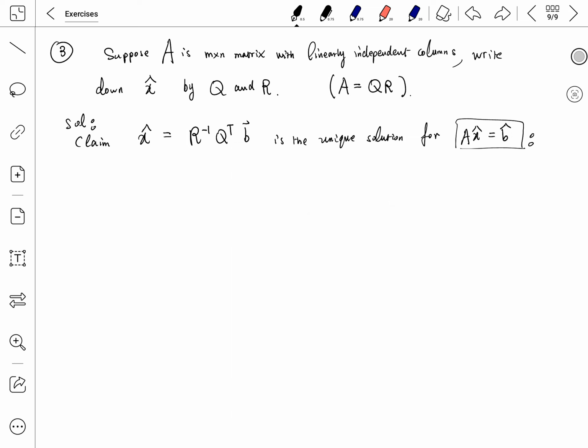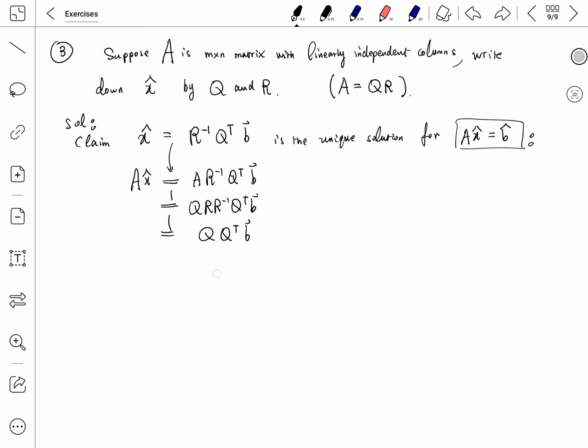But let's check this works. So A X hat equals A R inverse Q^T B. This is A equals QR, R R inverse Q^T B. This is Q and Q^T B, but Q and Q^T B, if you remember, so Q gives the identity, but Q^T B actually gives you what?